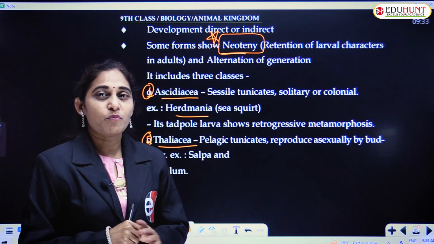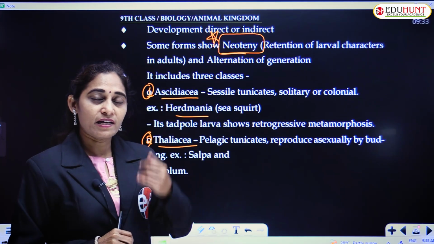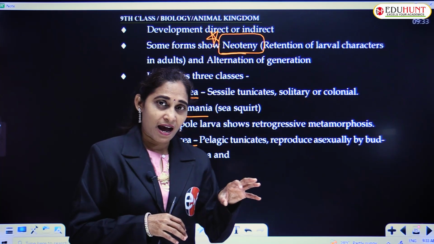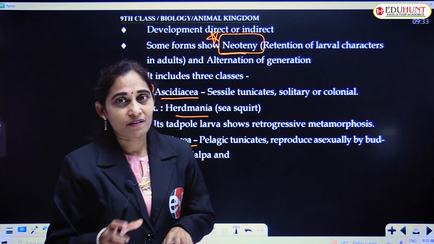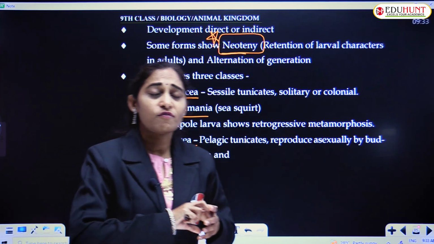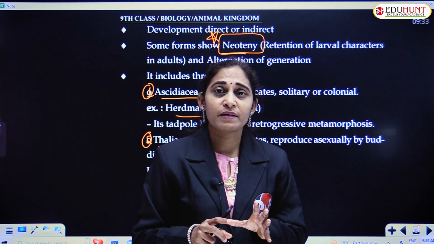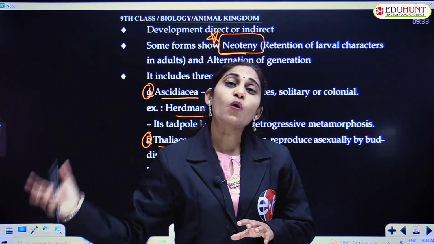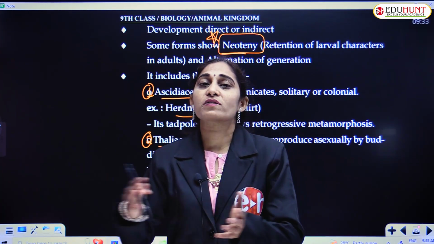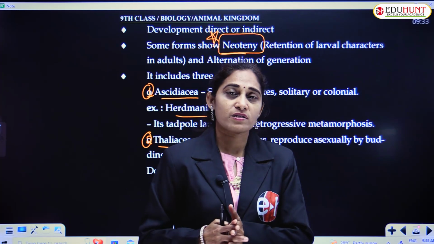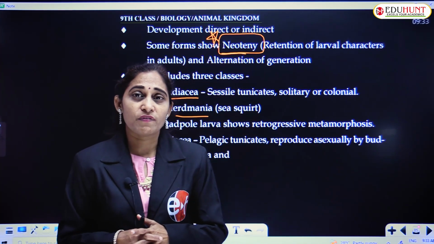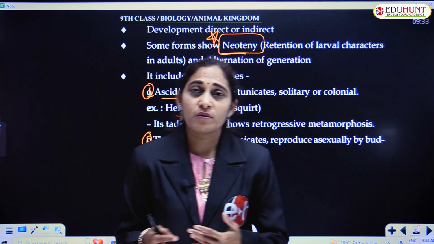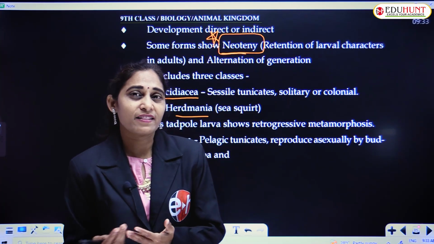They show metamorphosis during their development. Transition from one phase to another. That is, eggs after hatching form larva. After formation of larva, after some time, they transform into pupa, then to adult. These are the phases of metamorphosis. Based on the metamorphosis, we have classified the insects into hemimetabolic, paurometabolic, holometabolic, like that.